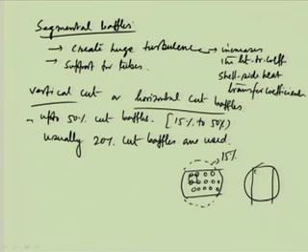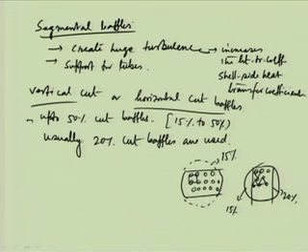Again, if this is a triangular pitch arrangement, these are all triangular pitch arrangements. So, this is a typical square pitch arrangement and a typical triangular pitch arrangement for the baffles. Now, here also it can be 15% cut, or 20% cut. It can be on one side, it can be on both sides.